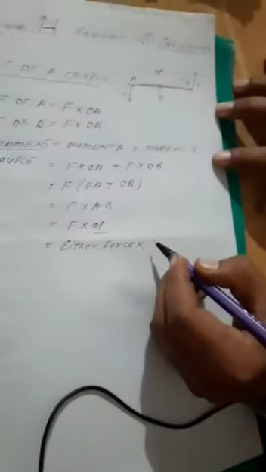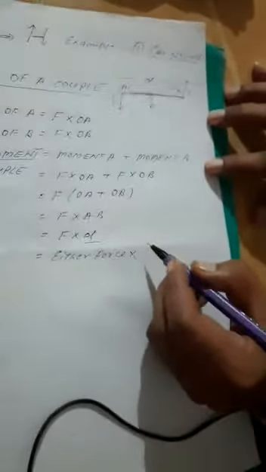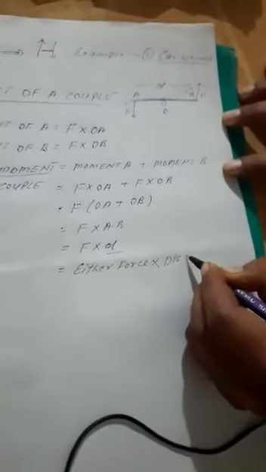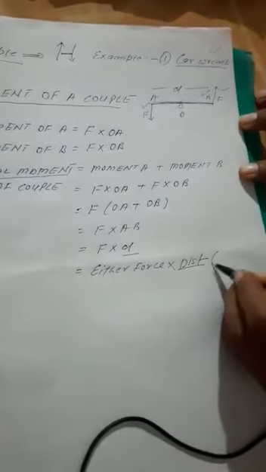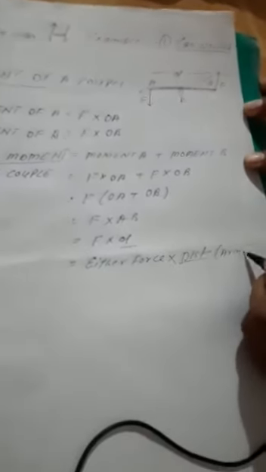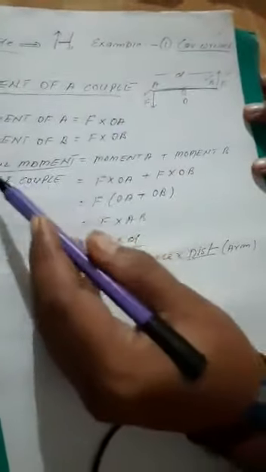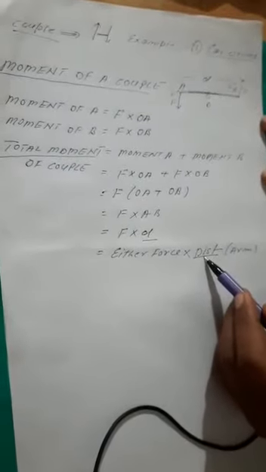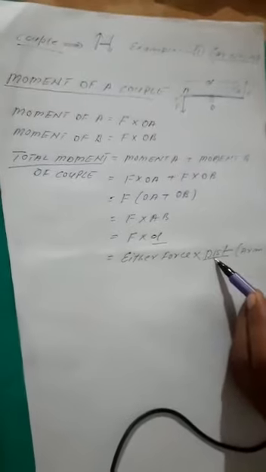So you can say arm of the bar or simply distance. So this is the formula for the total moment of a couple, which is force into the arm of the couple or perpendicular distance.